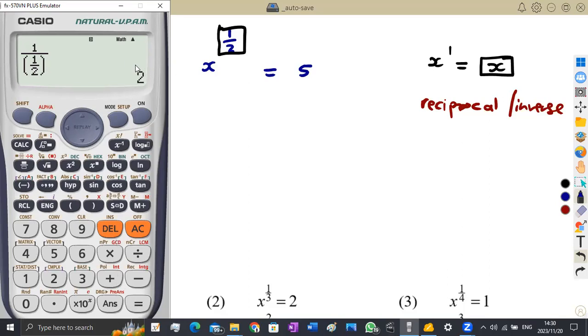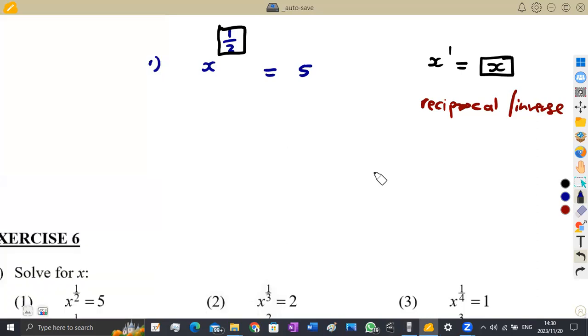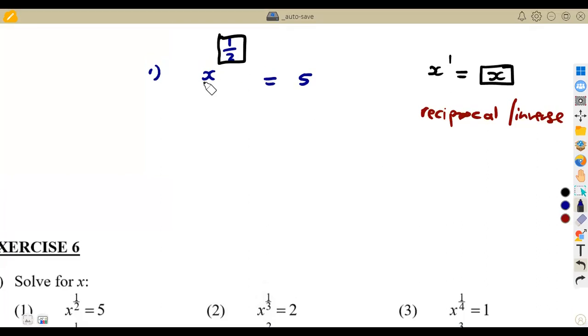So if we raise this x, which is to the exponent of a half, to the exponent of its inverse, its reciprocal, which is 2, what's going to happen?